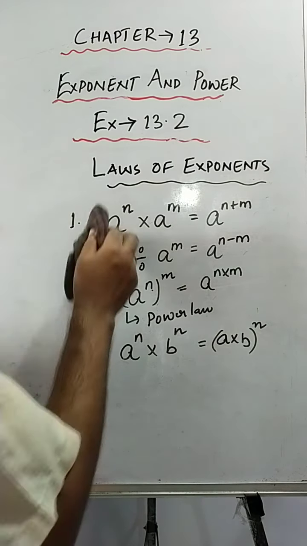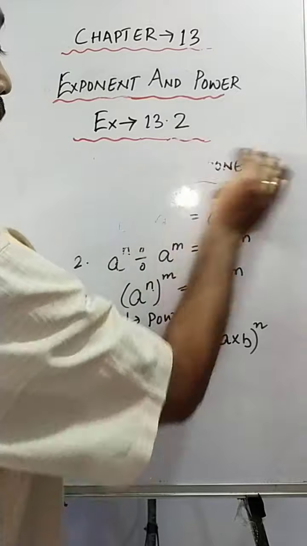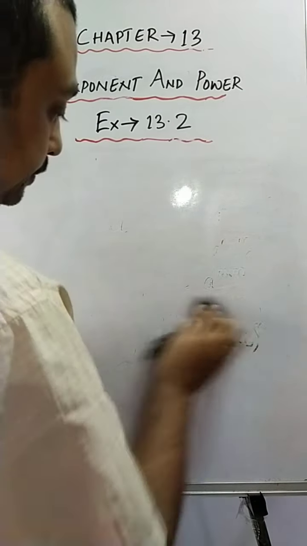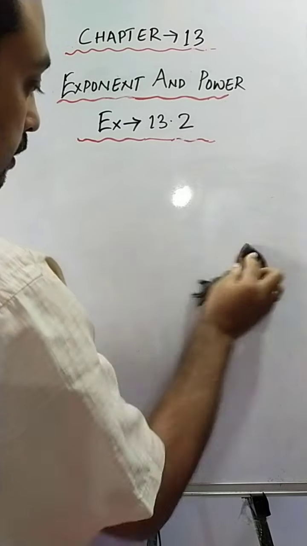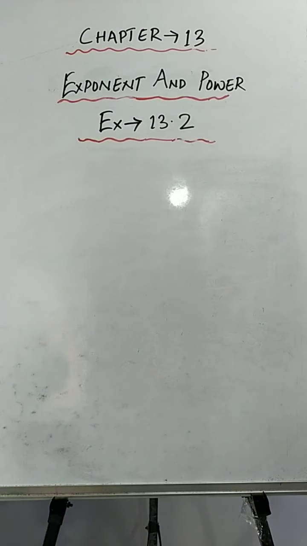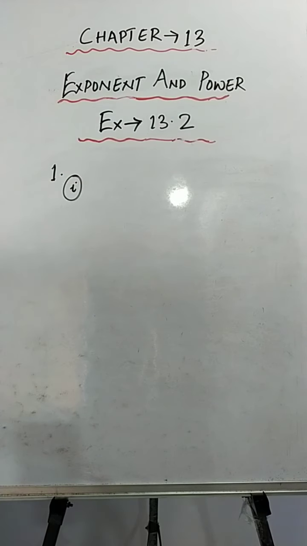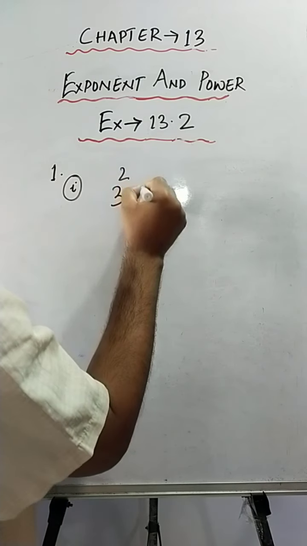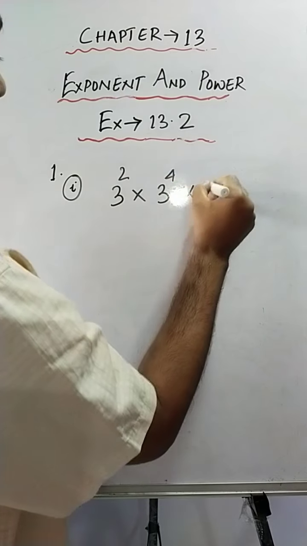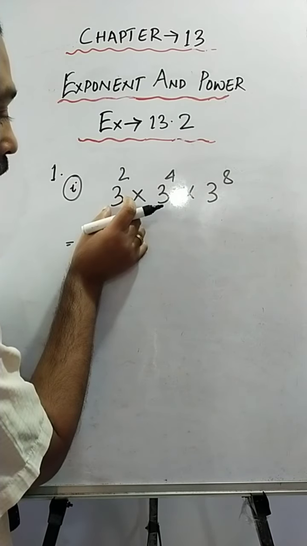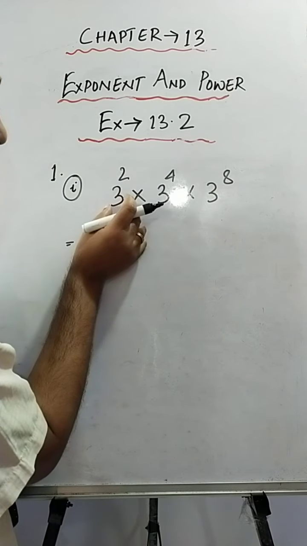Now let's move on to the first question of 13.2. Question number 1, sum number 1. We have 3 to the power 2, 4 and 8. Carefully observe that all the exponential forms are carrying the same base, 3.